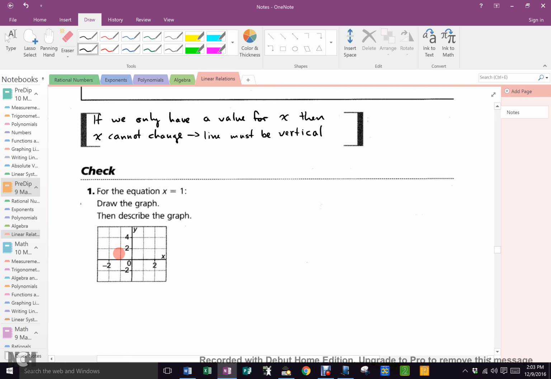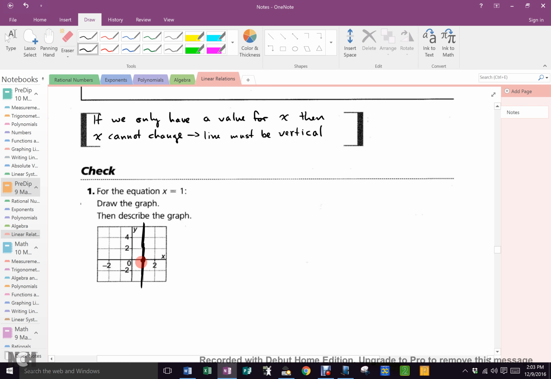Okay, so when it's equal to 1, then we go 1 over from 0 on the x-axis. So we put our dot on x equals 1, and x is always 1, right? So what does the line have to look like?